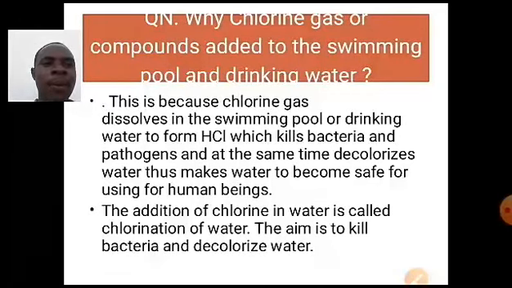At the same time, it makes the water safe for human use. The addition of chlorine to water is called chlorination of water. The aim is to kill bacteria and to decolorize water. That is the aim of adding chlorine to swimming pools and drinking water.